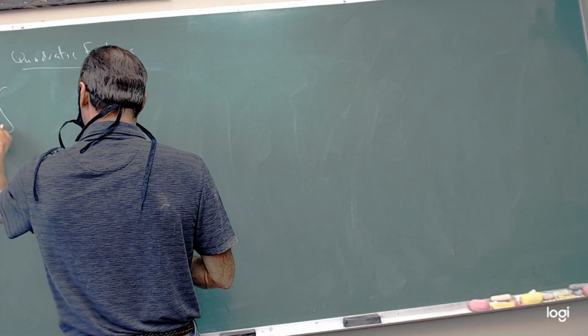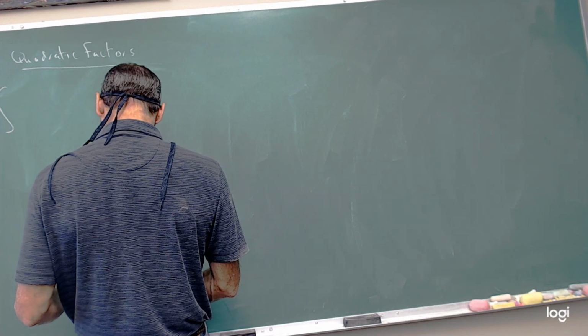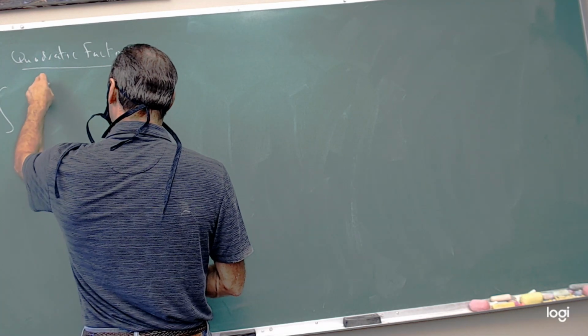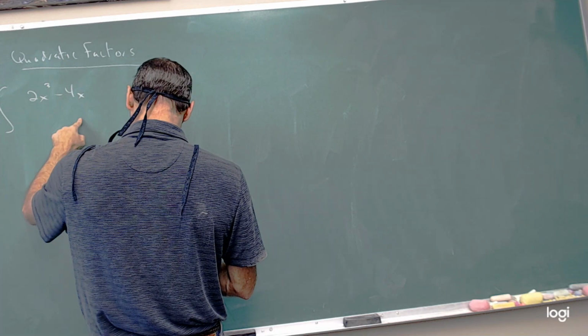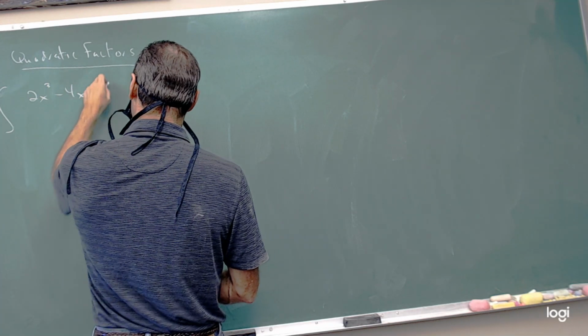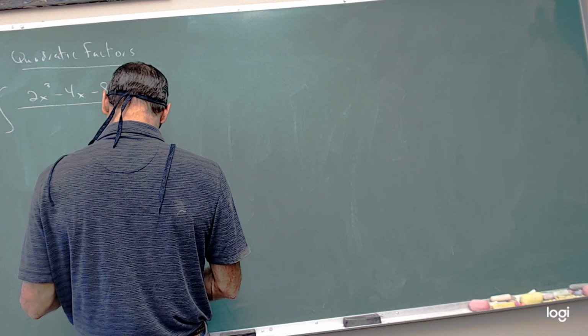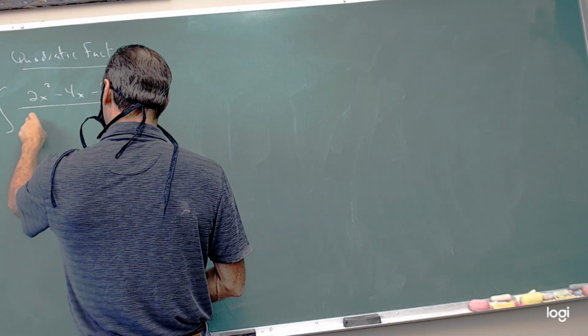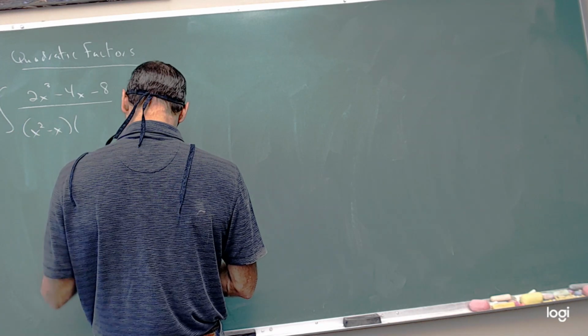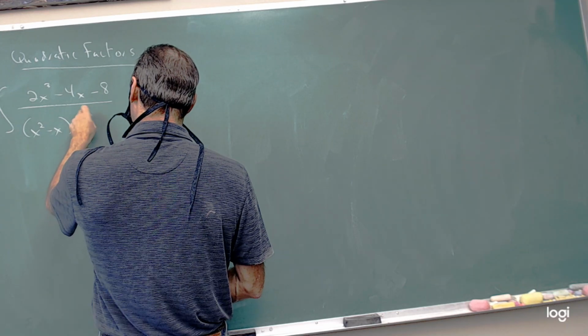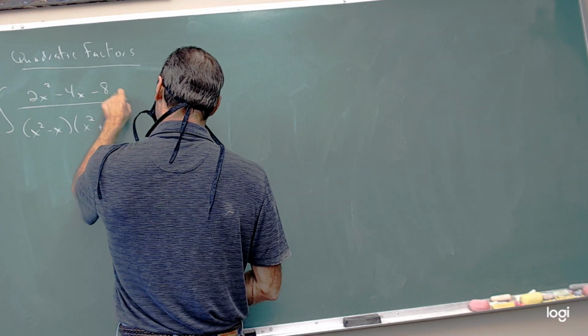So we're going to integrate 2x to the third minus 4x minus 8 all over x squared minus x times x squared plus 4 dx.